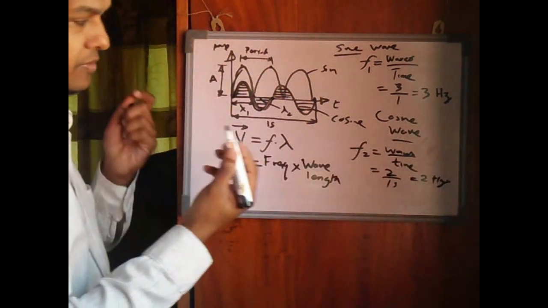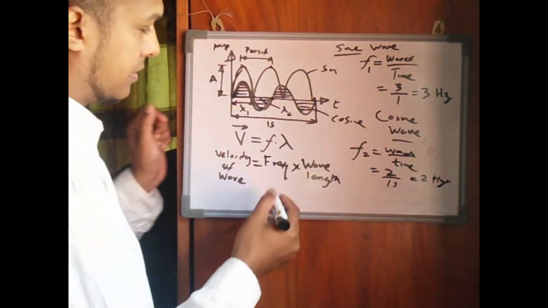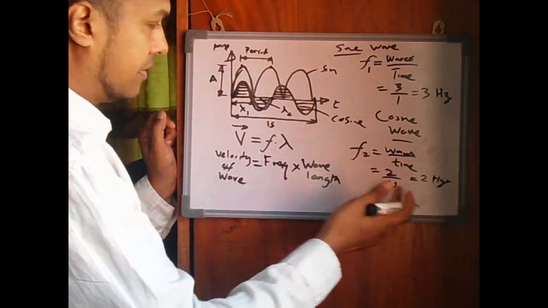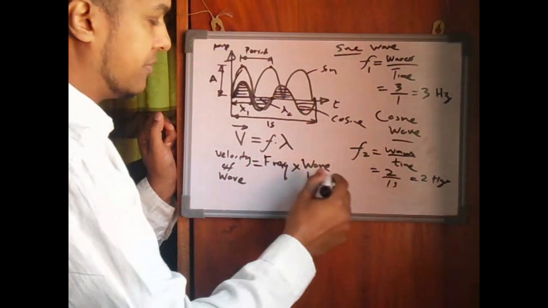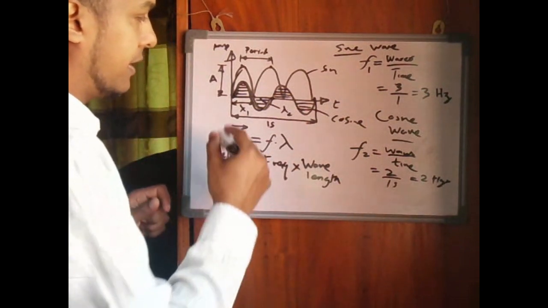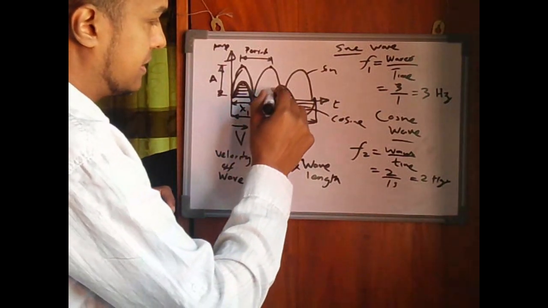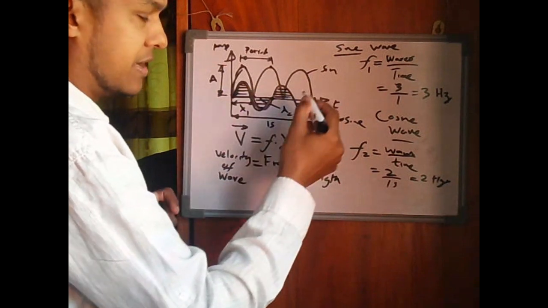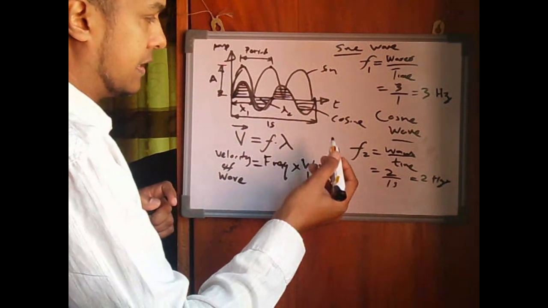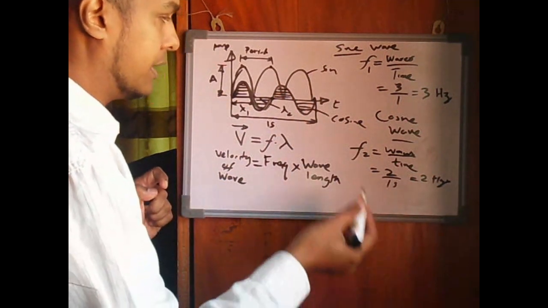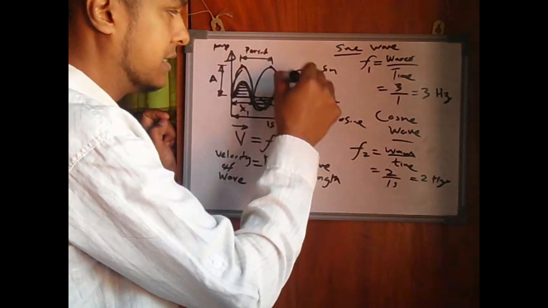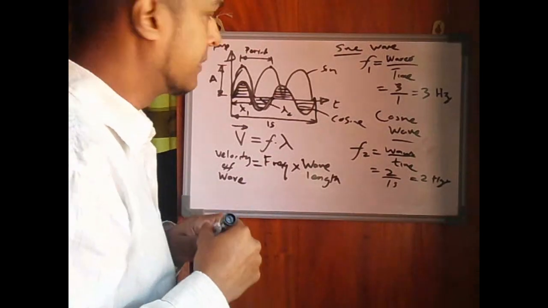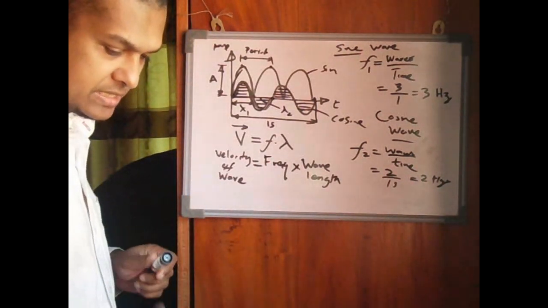Basically, if you put these units in these equations, you will find that this particular wave, the cosine wave, travels slower than the sine wave. The sine wave has more peaks within that particular time.